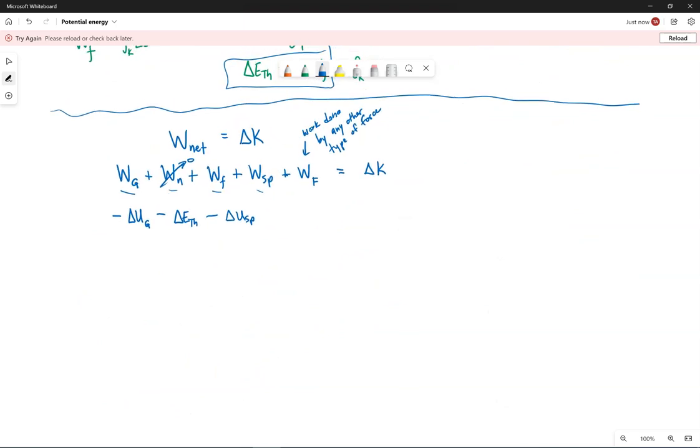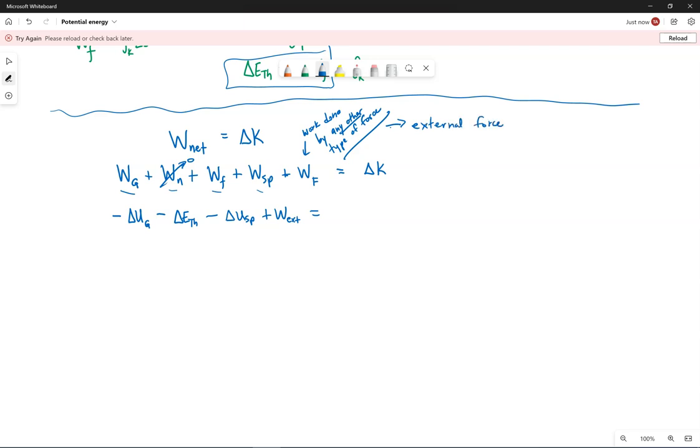This work done by any other force, we're going to call this work external. So work done by any other type of force, we're just calling these some other type of external force.